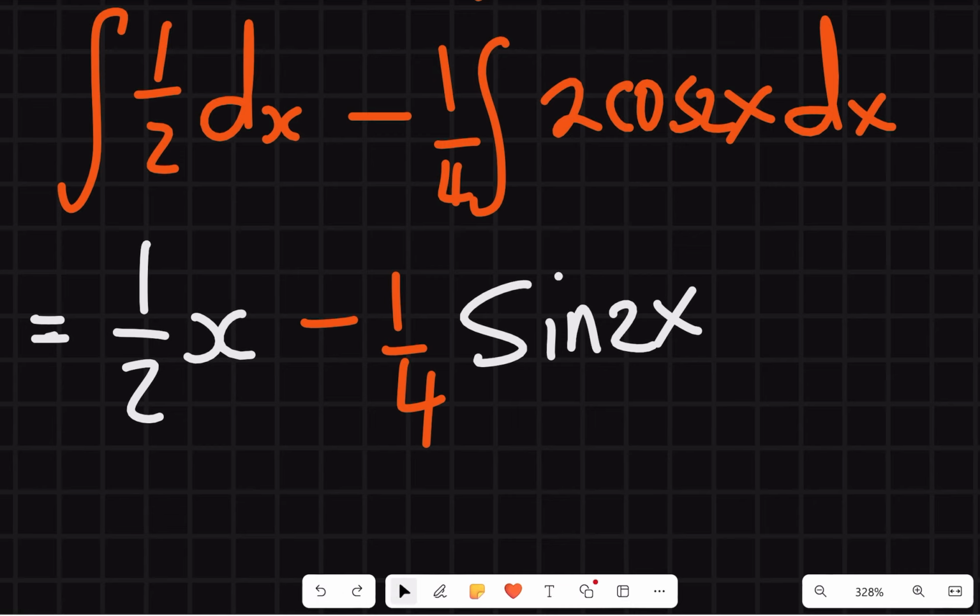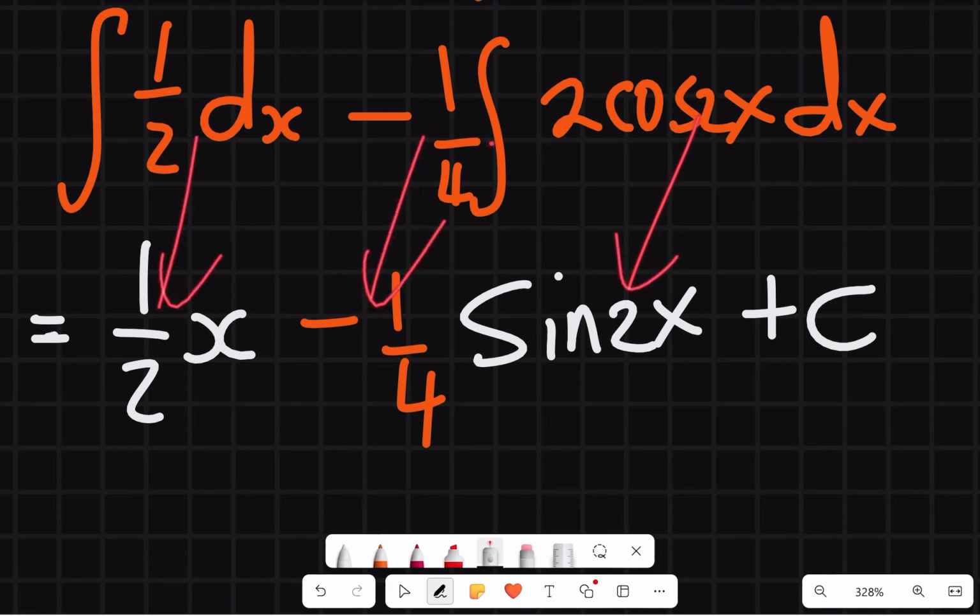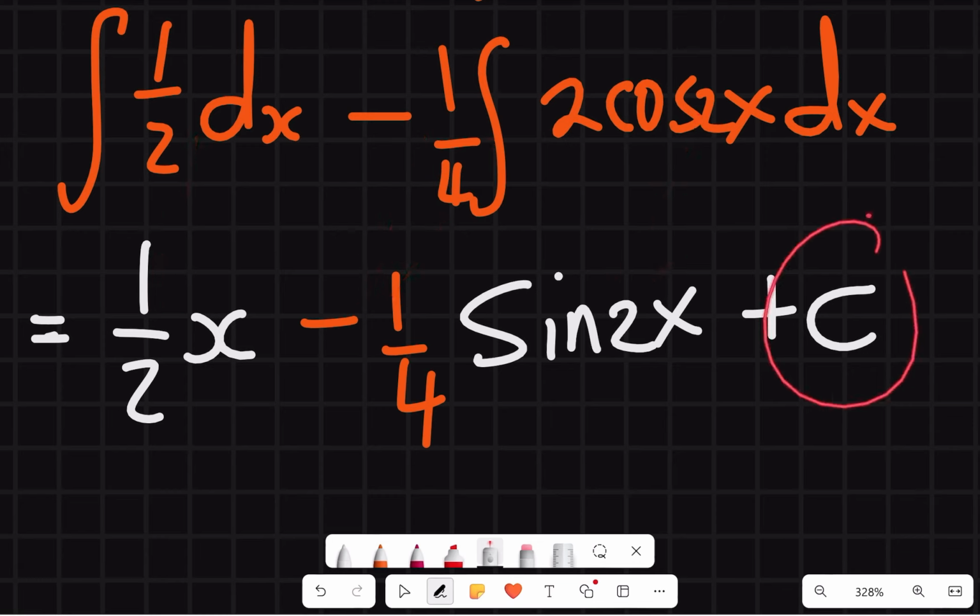I meant to say plus the c. Remember, this is an indefinite integral. You always add a c, right? And then I always verify my solution. Let's check here. If I derive sine, I get cos times the derivative of the angle, which is 2. So I get 2 cos 2x. Which means I integrated properly there. The 1 over 4 is still there. And then I have to add a c because this is an indefinite integral.